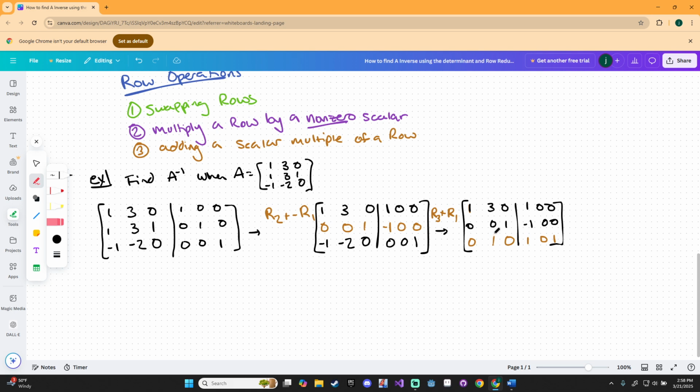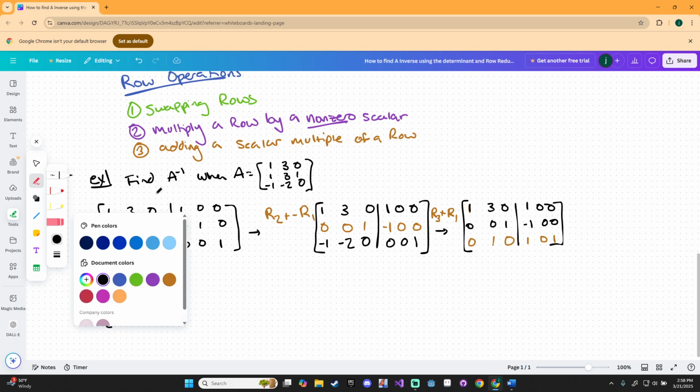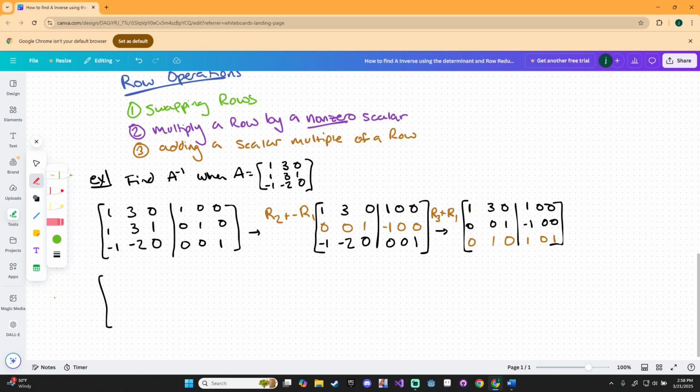So if we see here, we have these two rows pretty much complete, but we want to make this one in the middle up here. So we're just going to simply switch our rows up using our first rule here, swapping rows. We're going to swap R2 and we're going to swap R3.